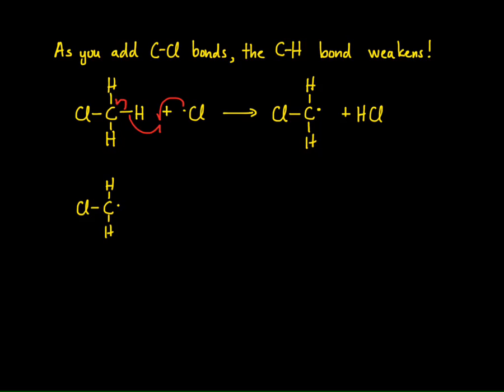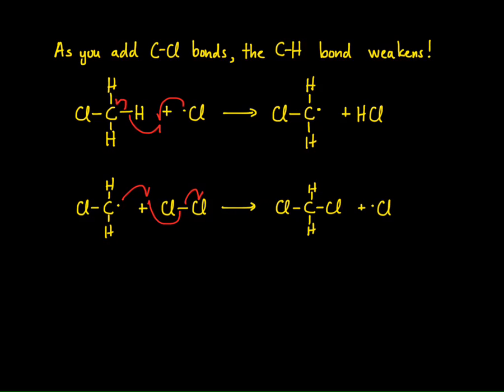And then that chloromethyl radical can react with another chlorine molecule and abstract a chlorine, and I produce dichloromethane plus a chlorine radical.